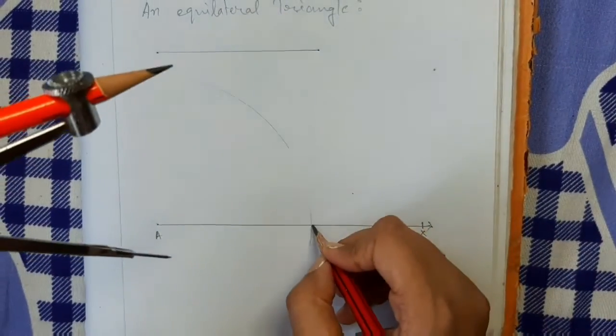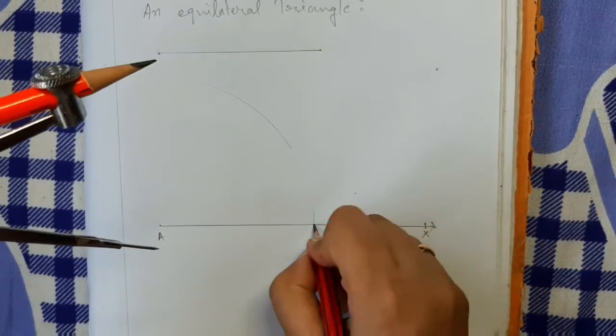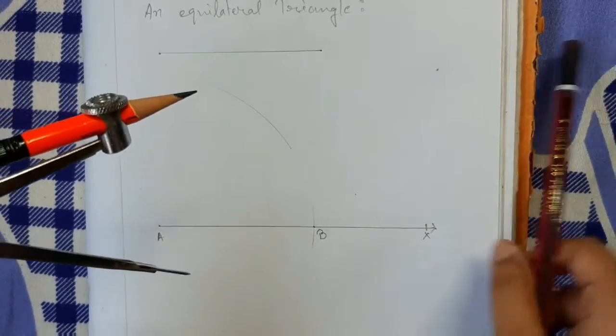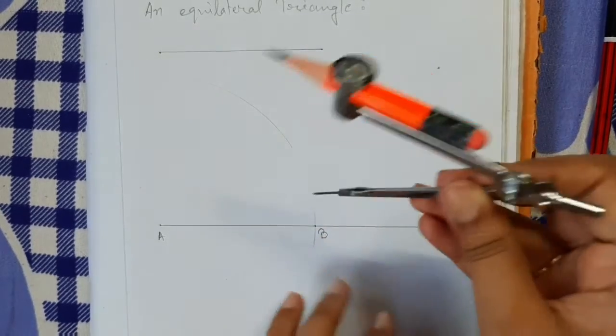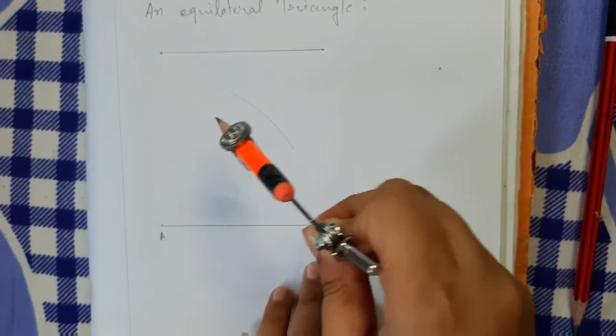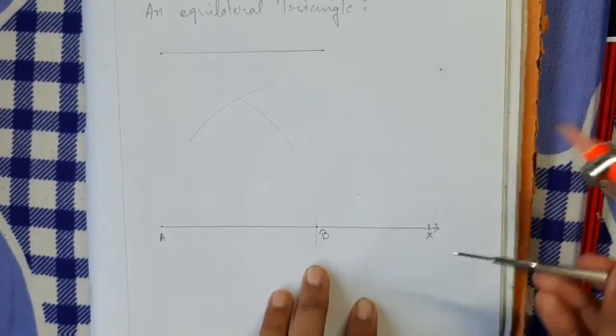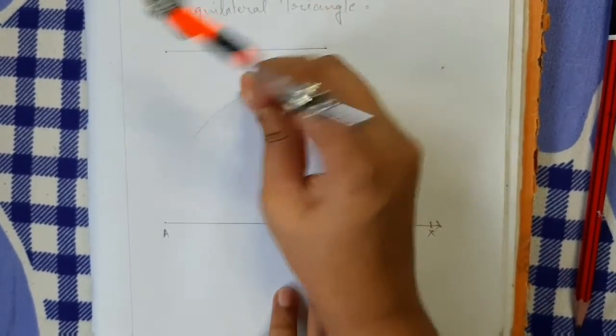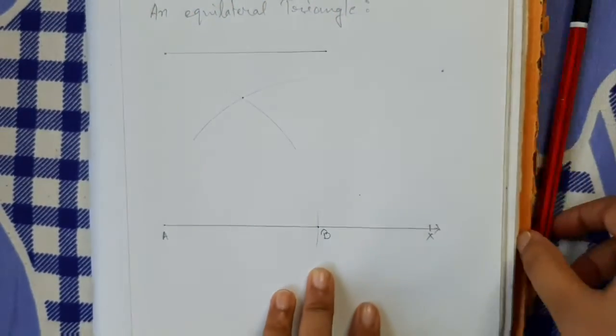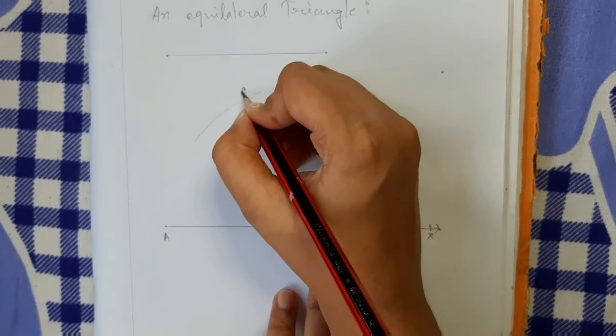Now label this point as B. Without changing this radius, place the pin of the compass here at the point B and cut the previous arc. Consider the intersection at the point C.